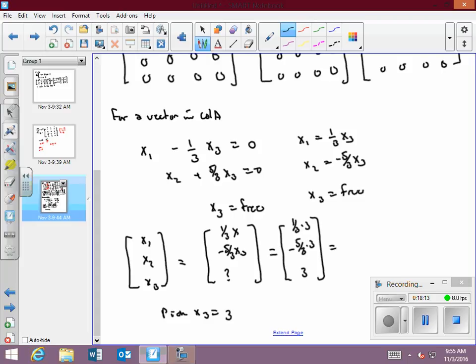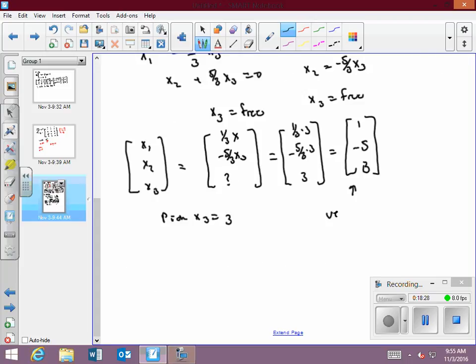So then I would have 1 and minus 5 and 3. And this is going to be a vector in the null space. Does that make sense?